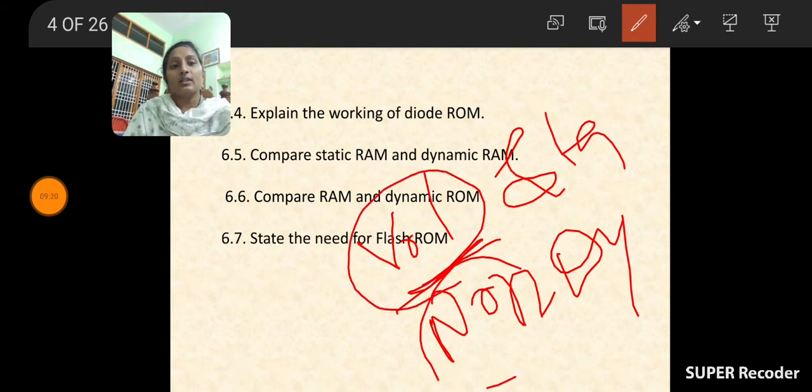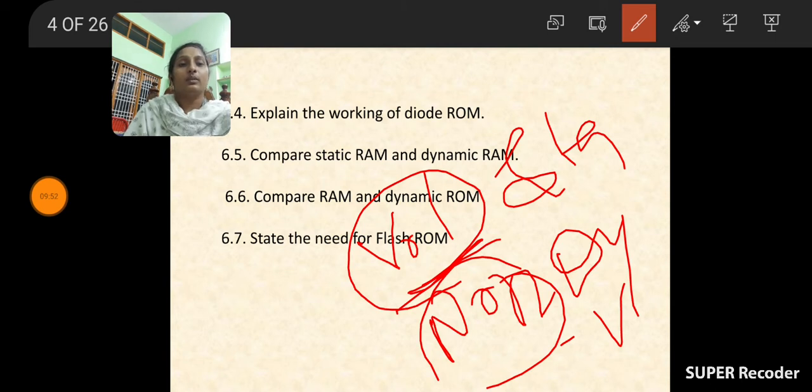Non-volatile means even though the power supply is switched off, that data is retained, and is called non-volatile. Is it clear? In volatile memory, if the power is switched off, the saved data is erased. But in non-volatile memory, even though the power is switched off, the contents are still there.